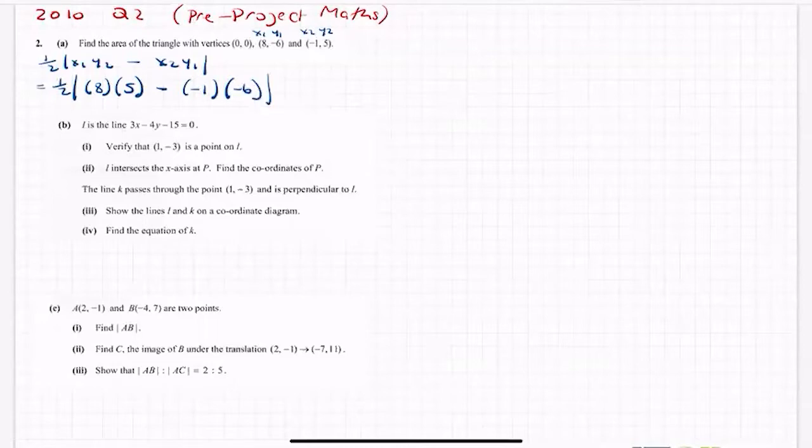Let me just check I have that right. x1, y2, yes, by minus 1 by minus 6. Okay, and I'm going to put that into my calculator. So I'm getting a half of 8 5s are 40 minus, so I'm getting half of 34, so 17 units squared.